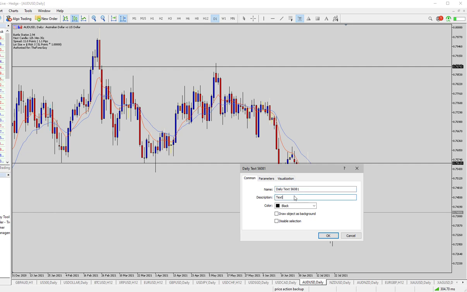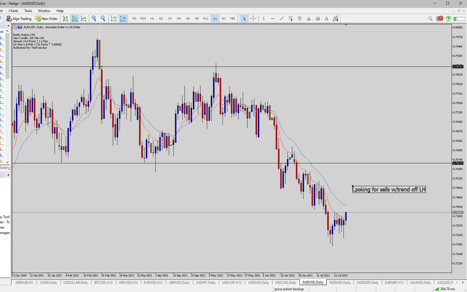So in the description, we'll just put down what we're trying to do here. We're just looking for sells with a trend of lower highs. Just something that you would understand. You don't have to write it like I do, because that's what I'll be doing here. I'm looking for the next sell signal off a lower high with this trend.